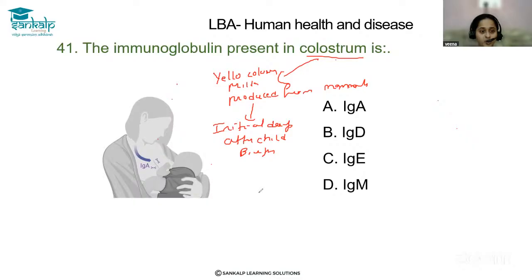IgA is an immunoglobulin that is transferred from mother to the infant. Okay. So the correct answer is option A, IgA.